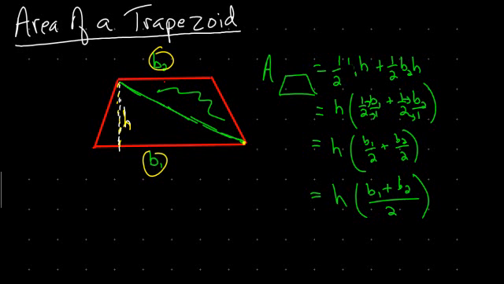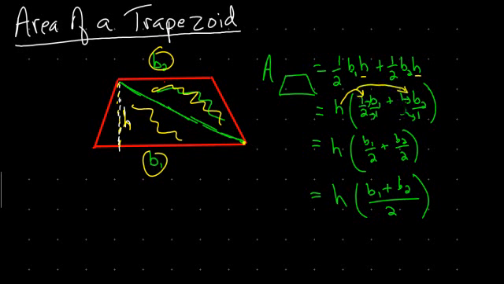So for the bottom triangle here, we take 1/2 base 1 times height, plus for the top triangle, we take 1/2 base 2 times height. And then we have a common factor of h, so I can pull that out. Remember, the distributive property sending it back in will give me what I had before.